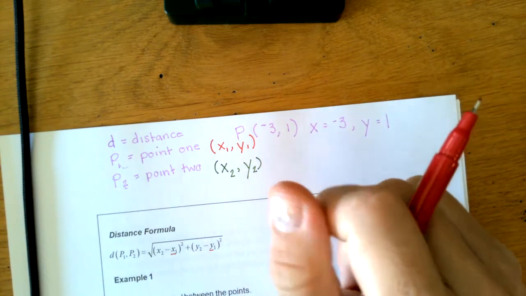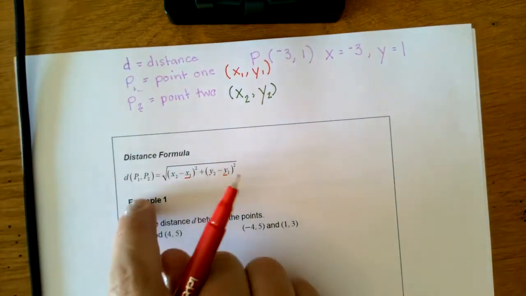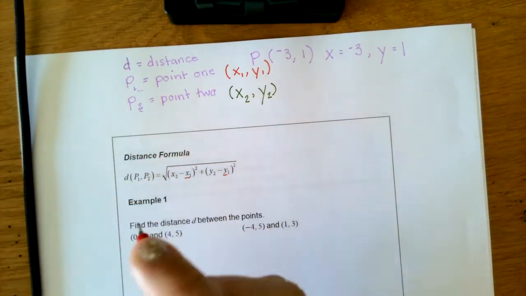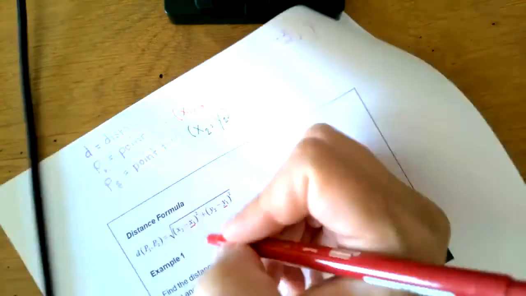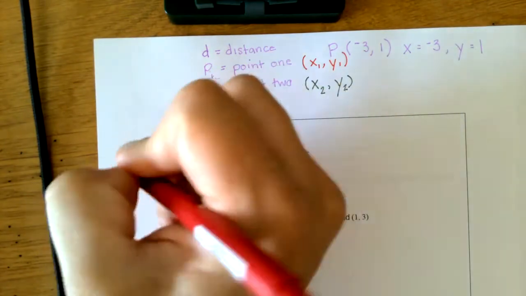All right, so the distance formula for these 2 points, right? The distance between. All this is saying is the distance between point 1 and point 2.